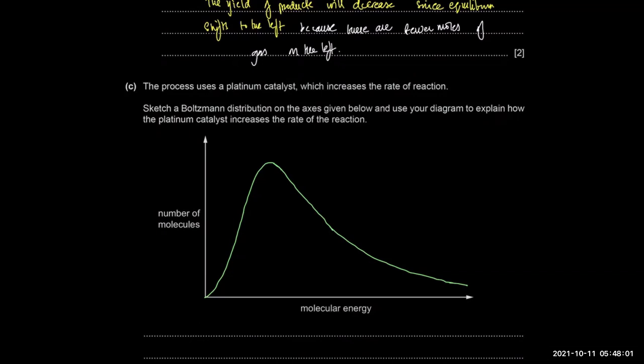I have to show the activation energy without the catalyst. Right? And I have to show the activation energy with the catalyst, which will be higher or lower. Obviously, with the catalyst, it will be lower.